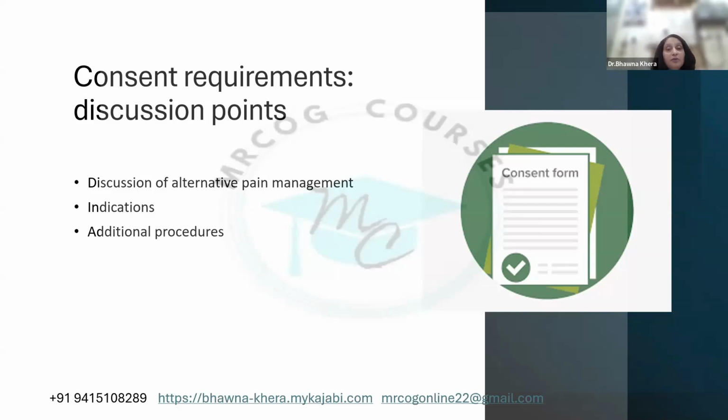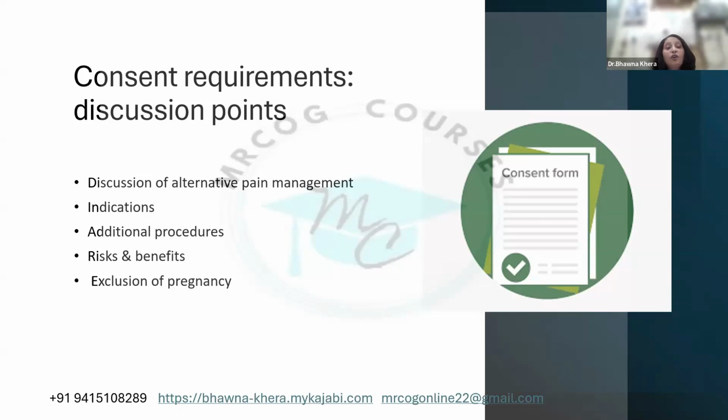What are the additional procedures? If at all we are required to do any additional procedures, then we have to explain those as well. And what are the risks and the benefits of this procedure? This is another important thing which we need to talk about in detail. And the exclusion of pregnancy. This is a very, very important point. Asuji loves this point, and yes, this is a very important safety point.